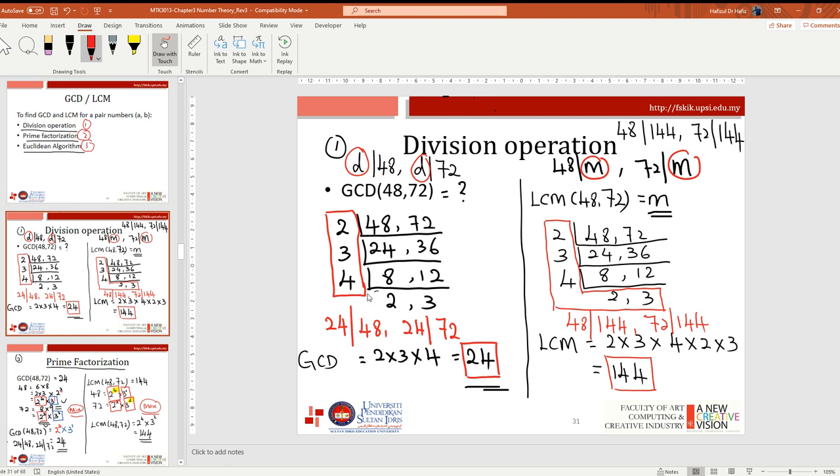For the GCD of 48 and 72, we got 2 multiplied by 3 multiplied by 4. For the LCM, the least common multiple, we got 2 multiplied by 3 multiplied by 4, and then the remainder we also calculate, and the answer will be 144.